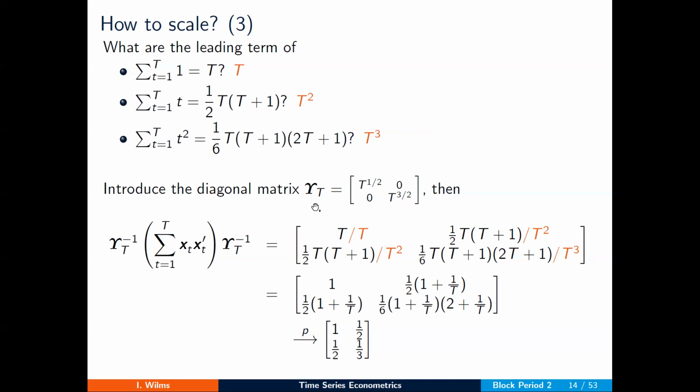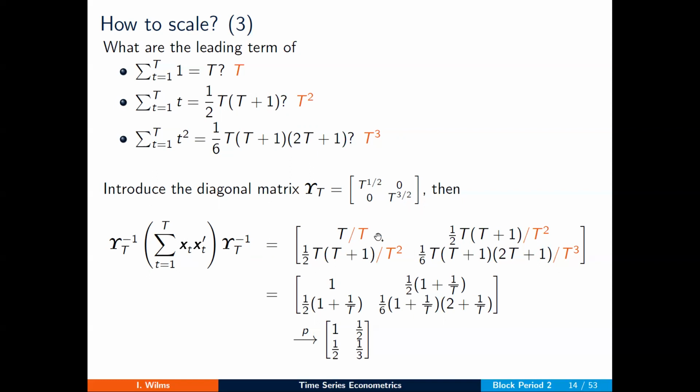What we will then do is introduce a diagonal scaling matrix, denoted here by epsilon t. We will pre- and post-multiply our cross product sum with the inverse of this scaling matrix, such that each entry gets its appropriate scaling.